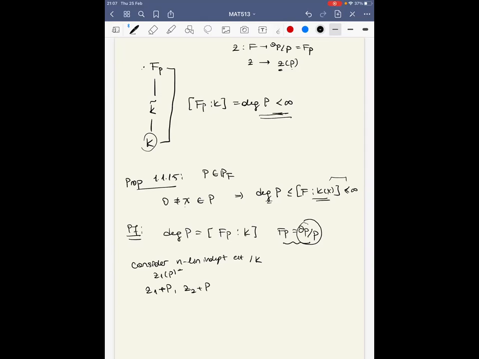What I mean is the elements in the residue class field are linearly independent. Also note that each z_i is from O_P because we don't want to work with infinity.